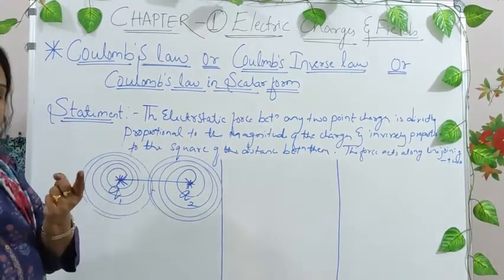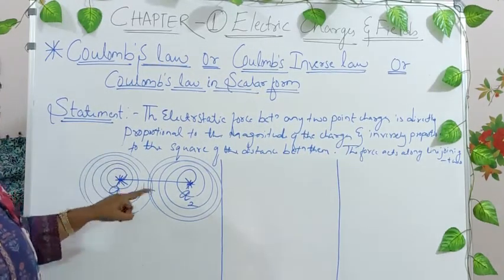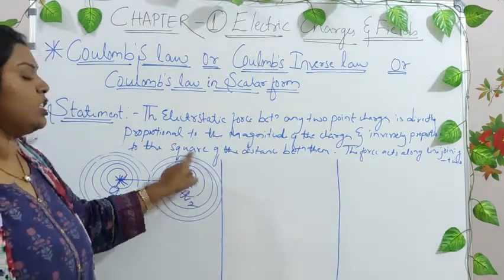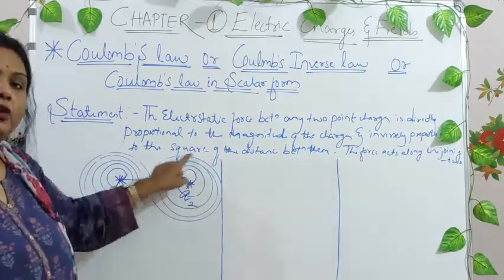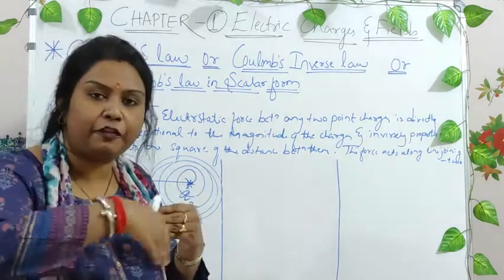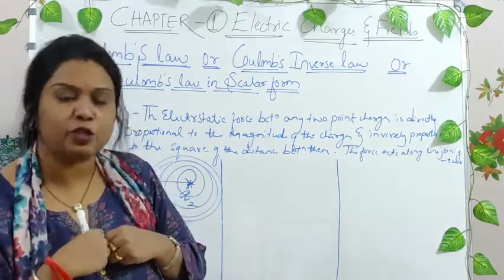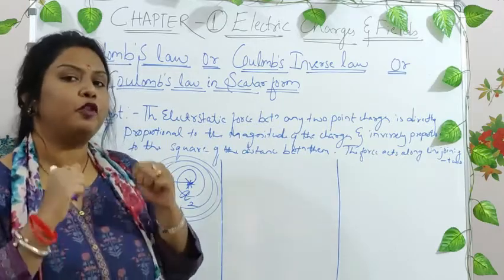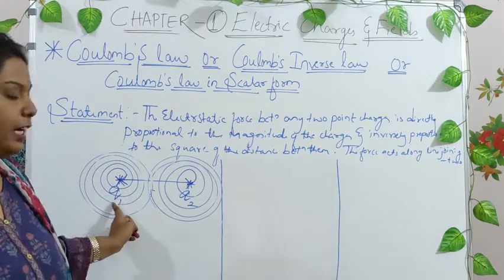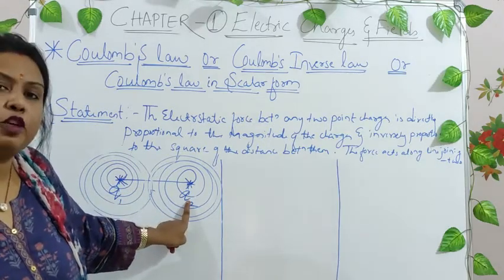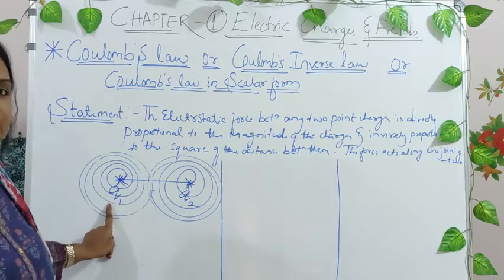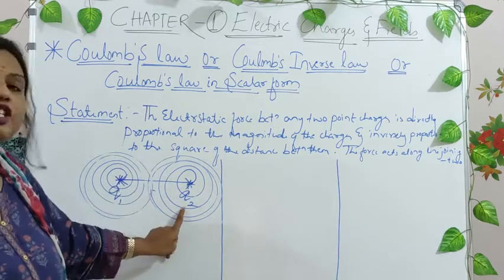Whenever we have a charge, it produces electric field lines around it. When you have another charge, it also produces an electric field around it. So any body entering that field region will experience some force. This force is because of both charges acting on each other. Q2 experiences some force because of charge Q1, and in turn Q1 experiences some force because of charge Q2.